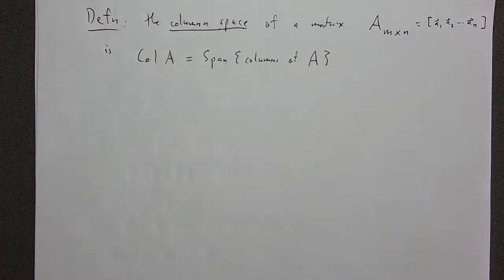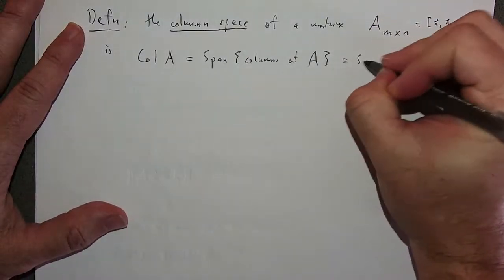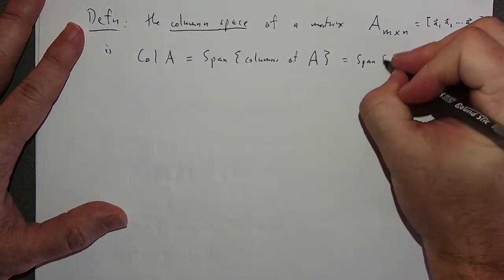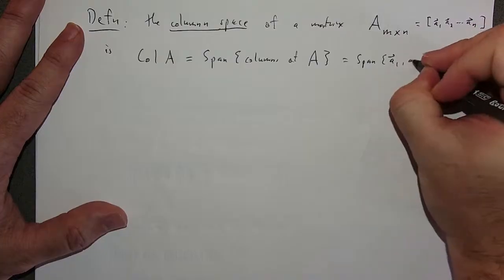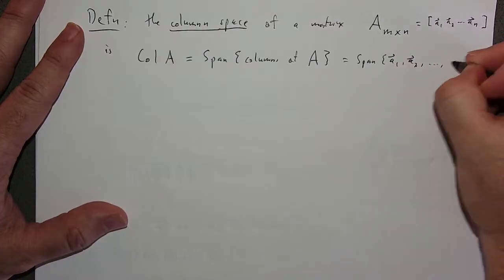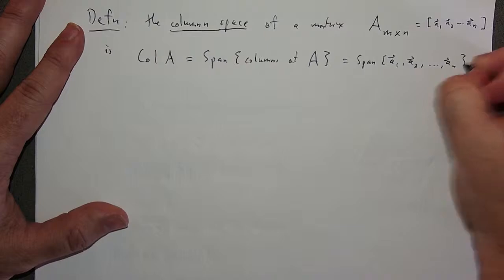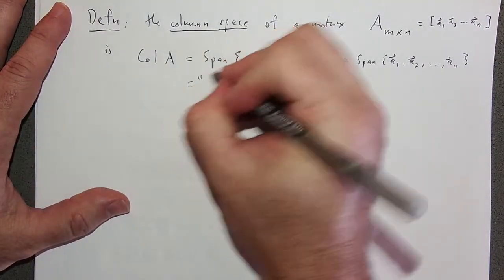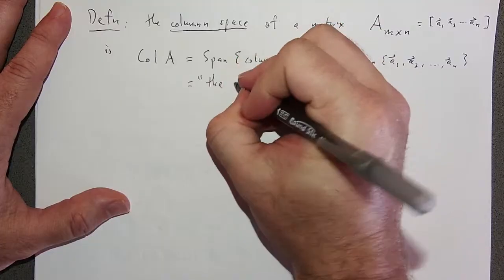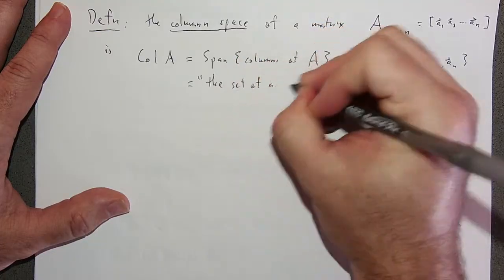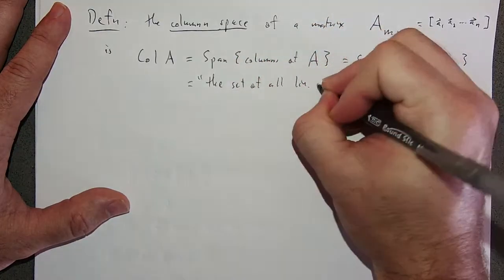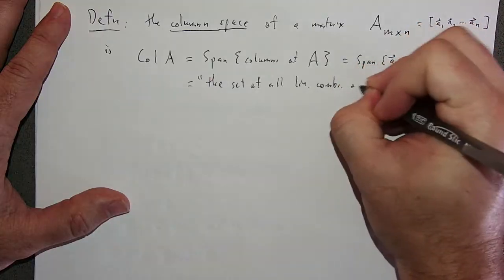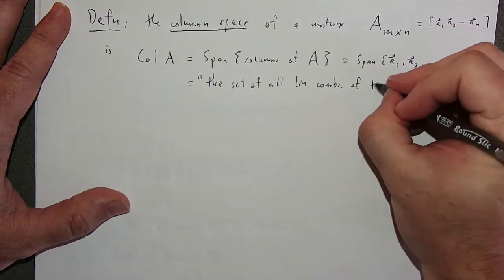This is the span of the columns. I defined span in yesterday's review lecture. This is the set of all linear combinations of the columns of A.